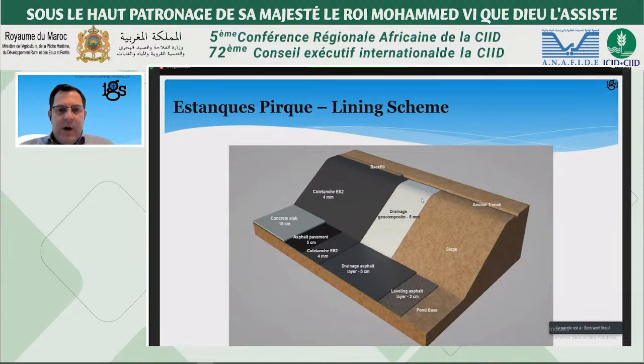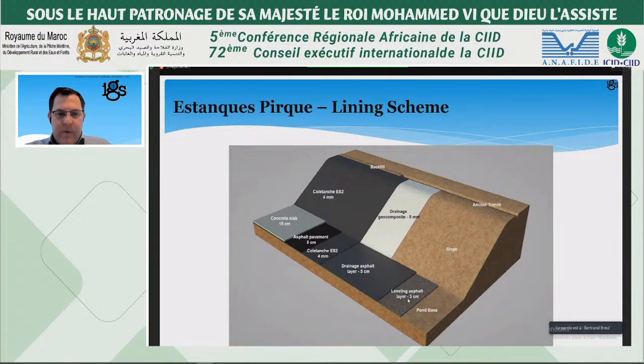On the slope, you have a drainage geocomposite and a 4 millimeter thick membrane, and it is left exposed. The bottom is a lot more complex. I will show some photos.